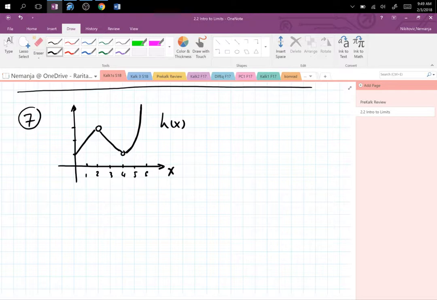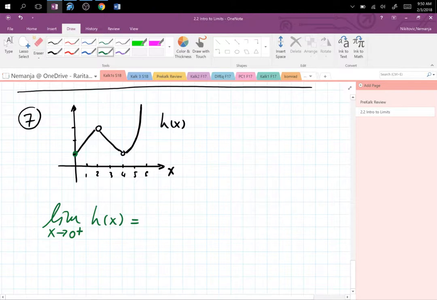There is nothing from the left, so that's it. So I can use, let's go with green. Over here, I can say the limit as x approaches 0 plus of whatever h of x is, I don't care, is clearly 1. It's clearly 1 because that's the y value that I see on the graph. End of story.